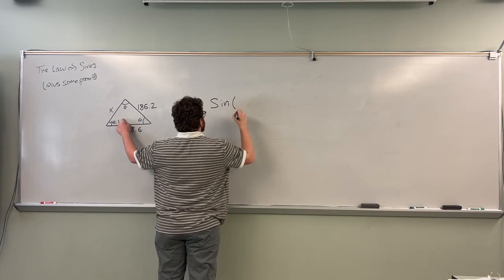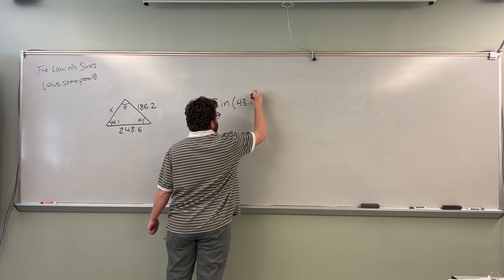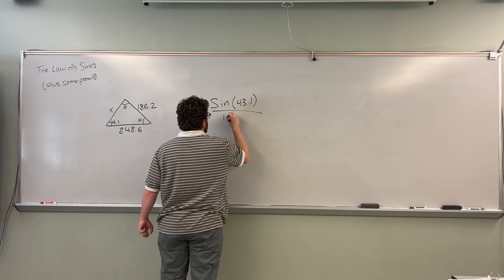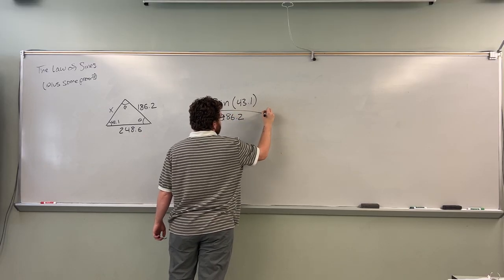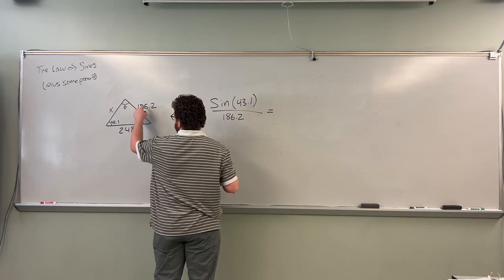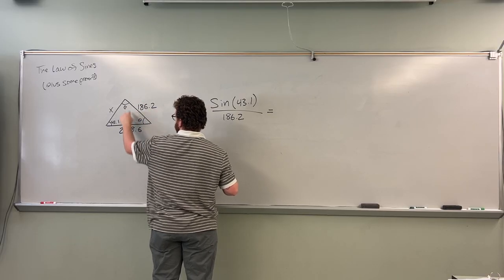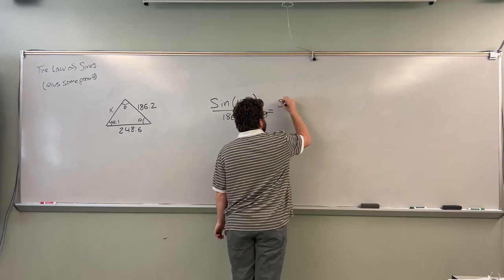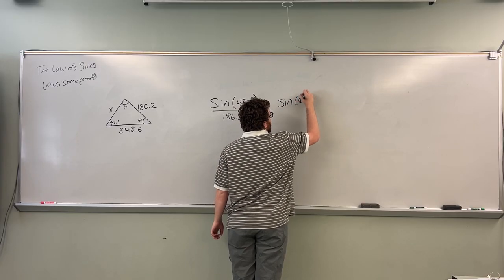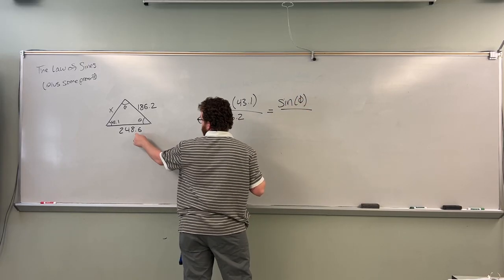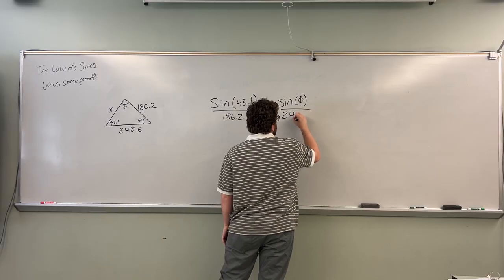So here I have sine of 43.1 over 186.2 equals, so I've got that pair. The only other pair I have a bit of information about is this one. So I have sine phi over 248.6.